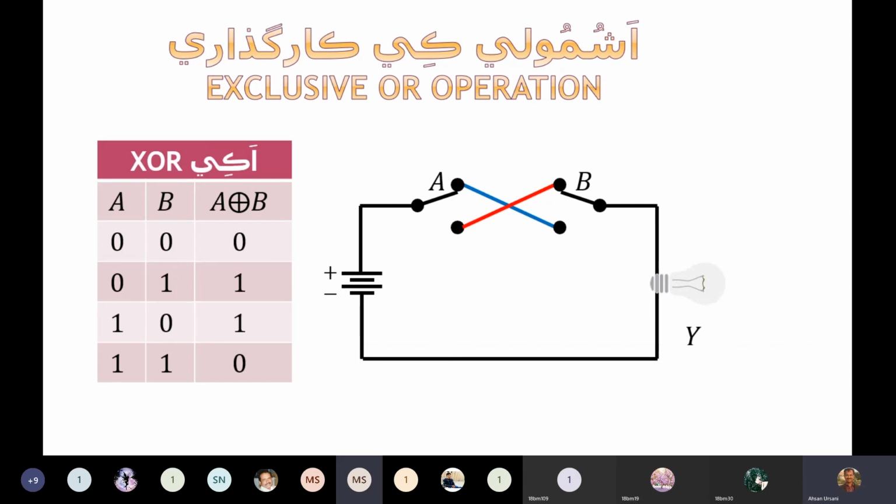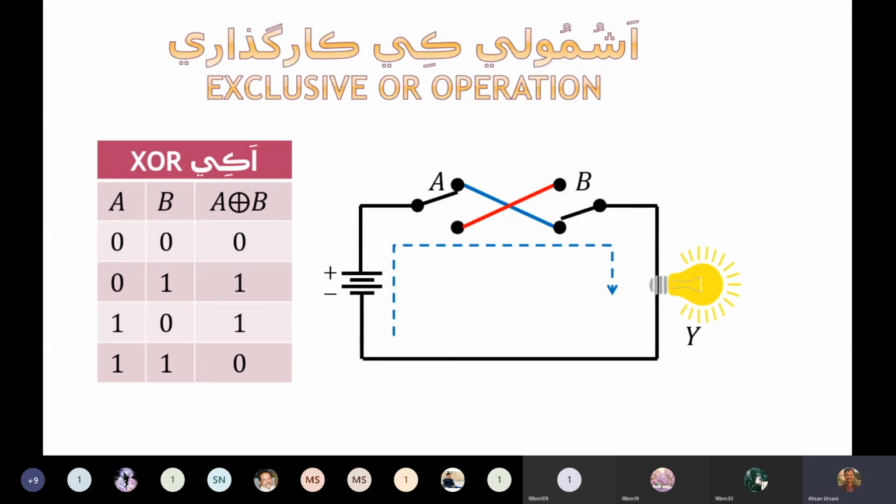Both switches A and B are SPDT. They are connected in series but in a cross. So when both switches are up, no current flows.